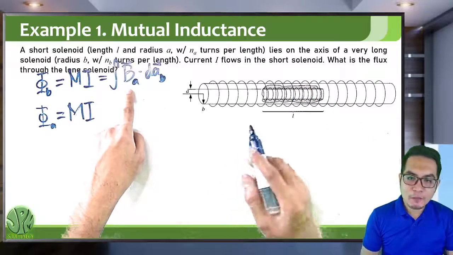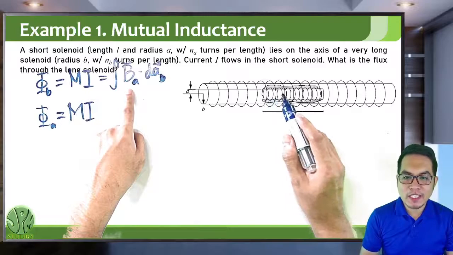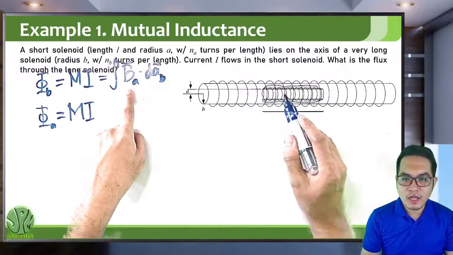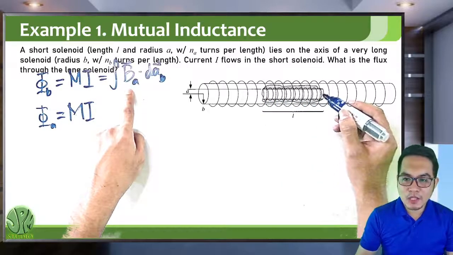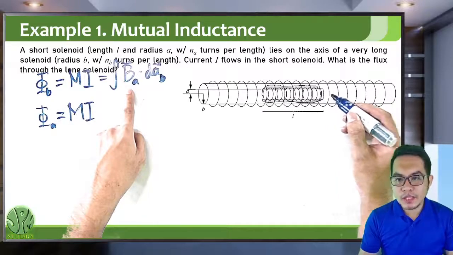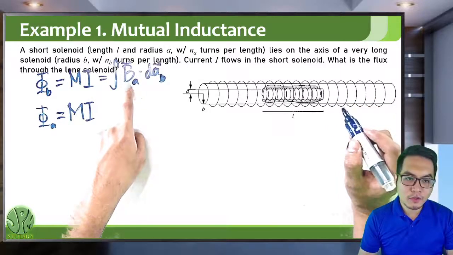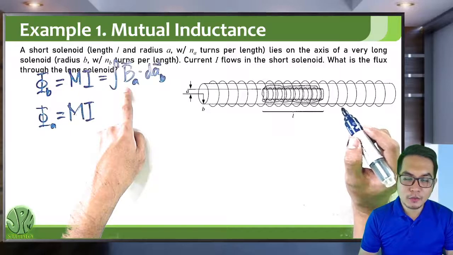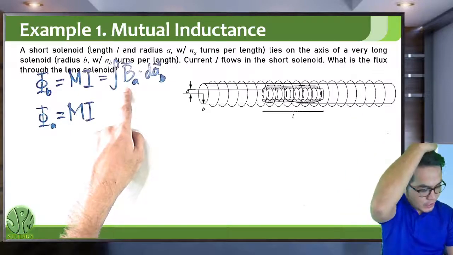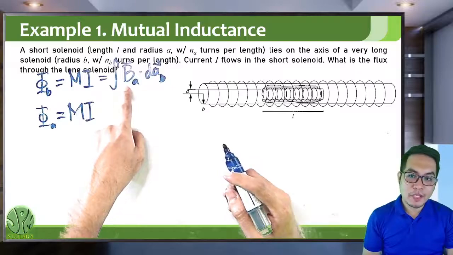Now, the problem is, this is a short solenoid. Inside the solenoid, the magnetic field is uniform, but outside the solenoid, it's non-uniform. So it's hard to solve for B_A.